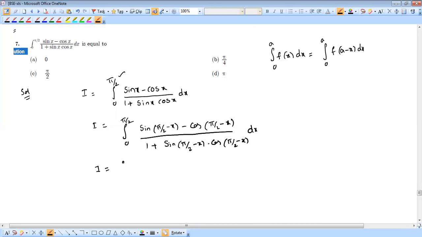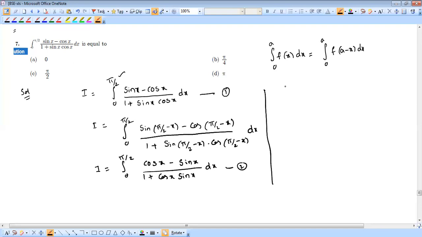Now I is equal to integration 0 to pi by 2 of sin 90 minus x, which is nothing but cos x, minus cos 90 minus x, sin x, divided by 1 plus cos x and sin x dx. This is equation 1. This is equation 2.